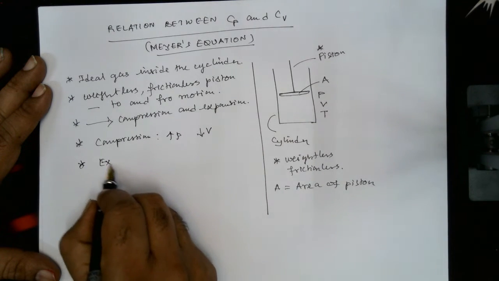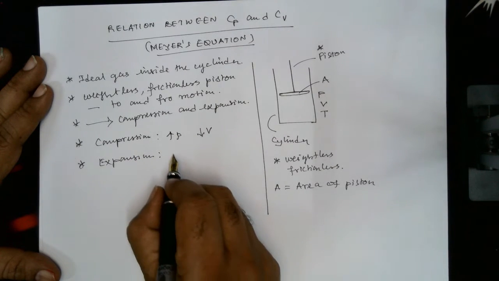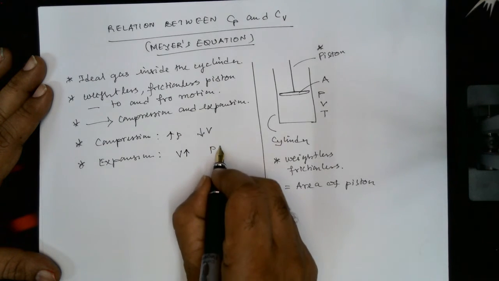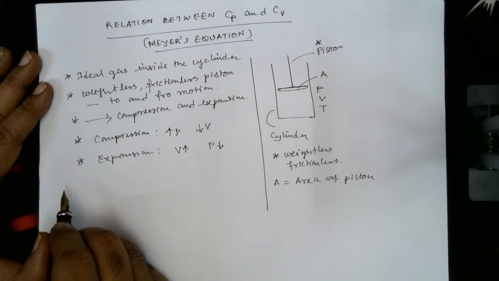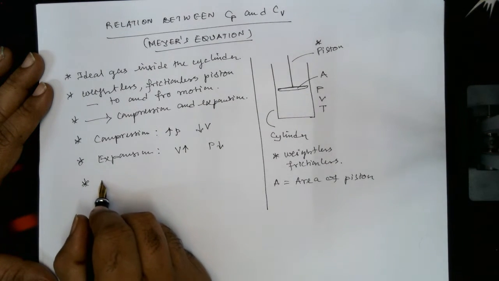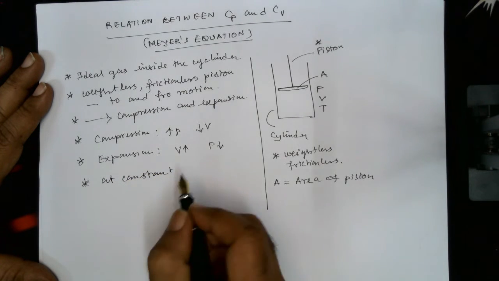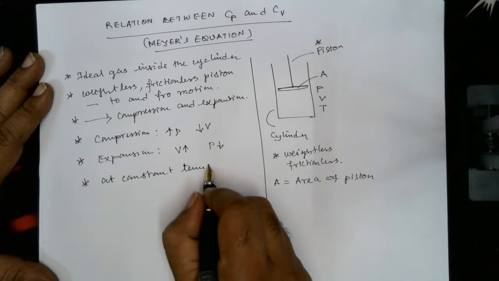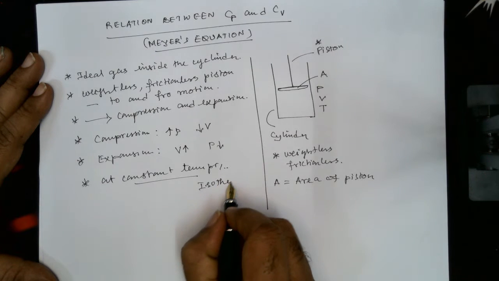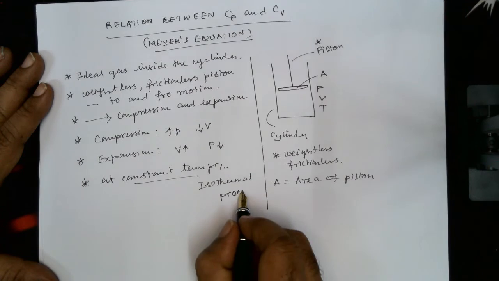During expansion, volume increases, pressure decreases. And we bring these changes at constant temperature. It means isothermal process.